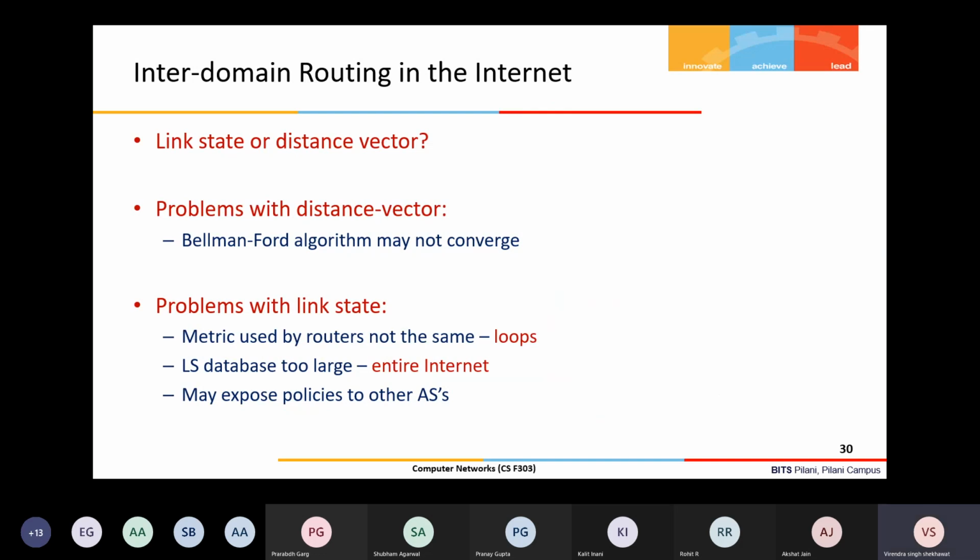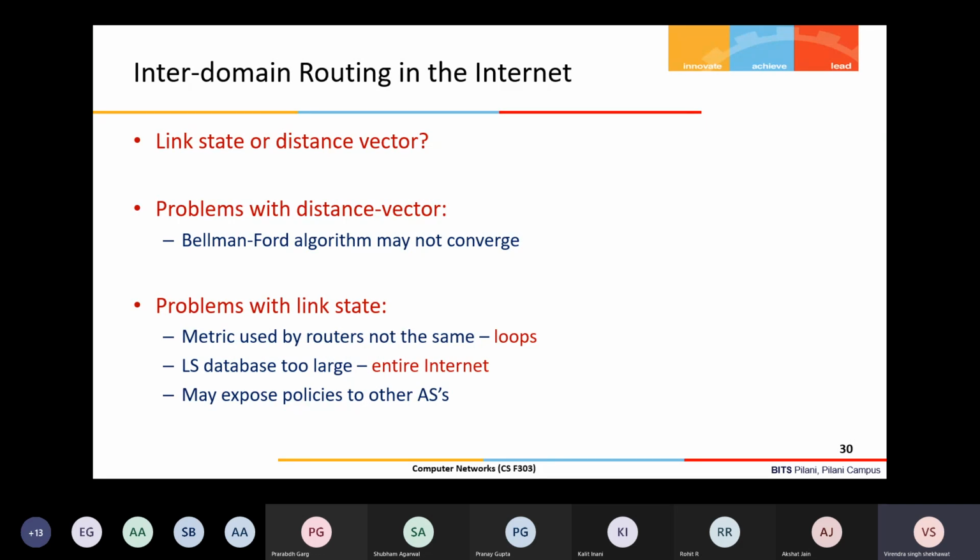Okay, so next, the question is that, what we understood is that the internet is basically a network of multiple networks, and these networks are nothing but autonomous systems. So for end-to-end reachability, certainly we require some routing; traffic should be transferred from one autonomous system to another autonomous system also.